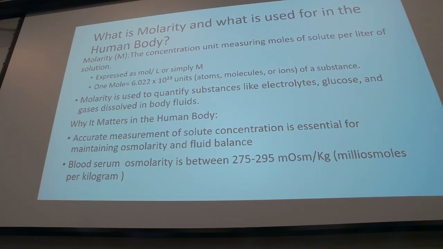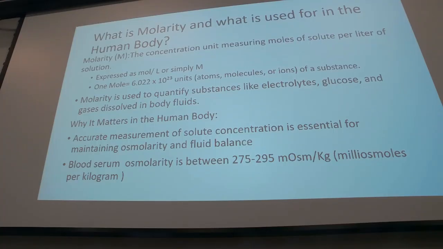And then 1 mole equals 6.022 times 10 to the 23rd. This will be the unit of 1 mole. And it can be a mole of atoms, molecules, or ions in a substance. This number, 6.022 times 10 to the 23rd, is Avogadro's number.